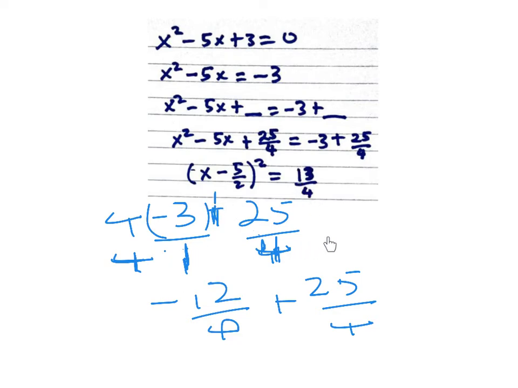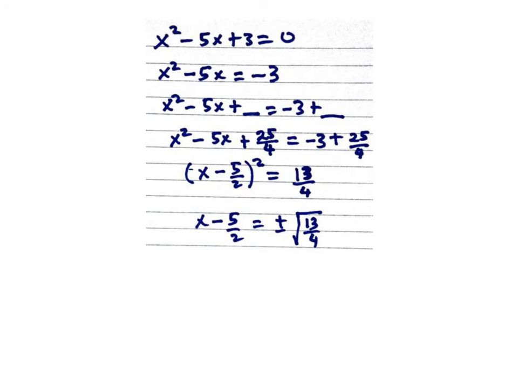Hopefully this pen does not confuse you. Next, now that we got that, we're going to take the square root of both sides. This 13/4 is under the square root, but we always use plus or minus.